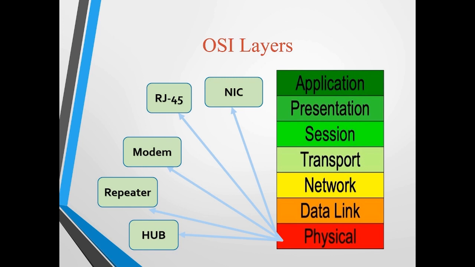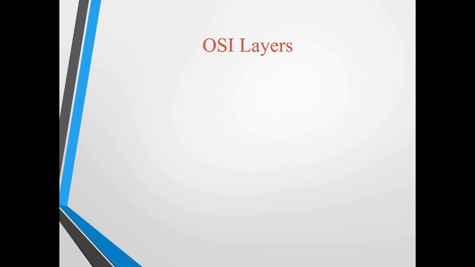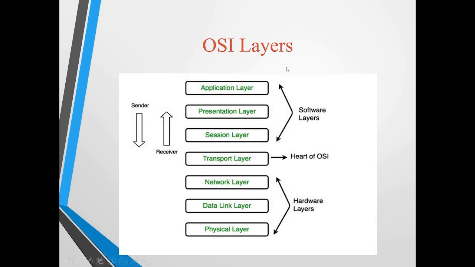As we know, the physical layer is responsible for establishing the actual physical connection between the networking devices, for better communication. In the OSI model, we have 7 layers in total. The first is the physical layer, then the data link layer, then the network layer.